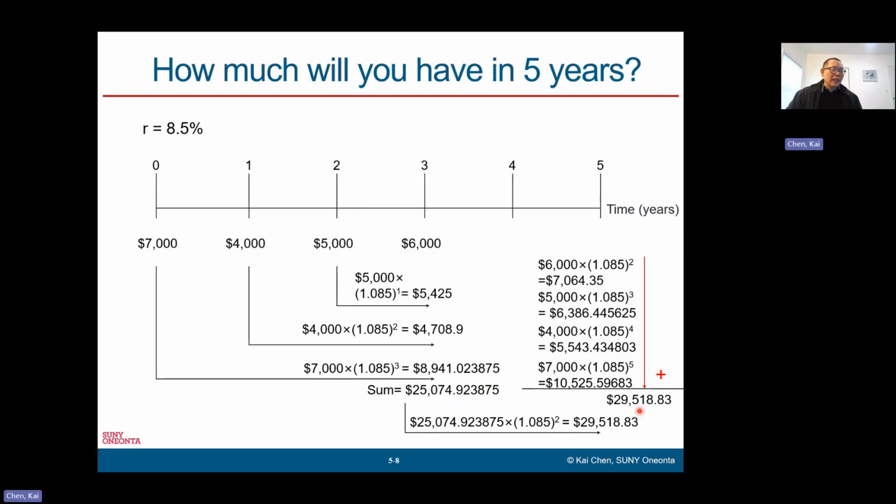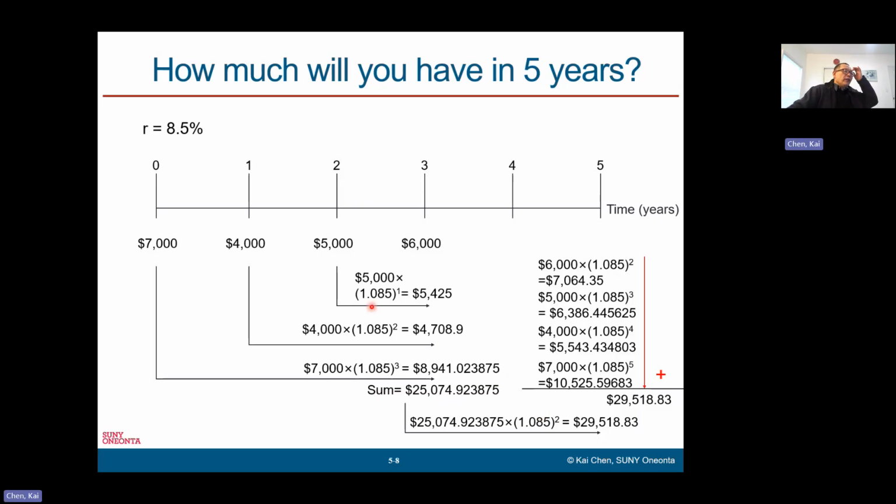And then we can get the same results. So either way, we can get the same result. The conclusion is, at the end of year 3, you have enough money to buy your favorite car.